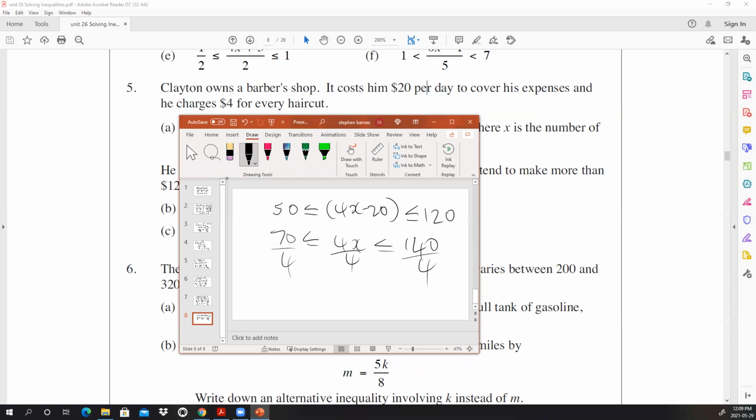Divide 4 into 7. 1 remainder 3, and then 4 7's 28. So we have a remainder 2 over that, so this looks like 17 and 2 over 4, which is that.